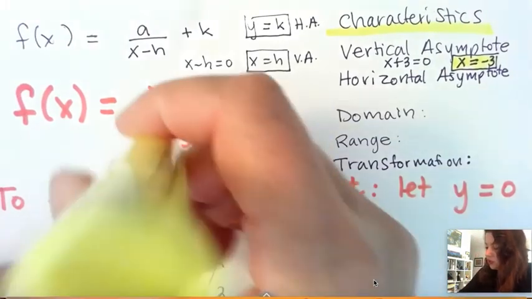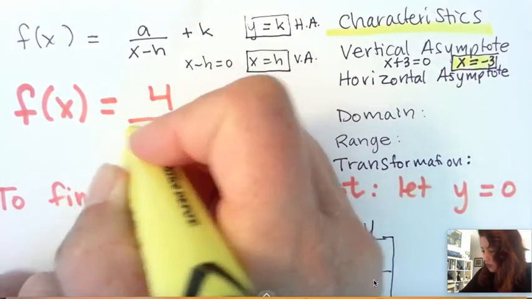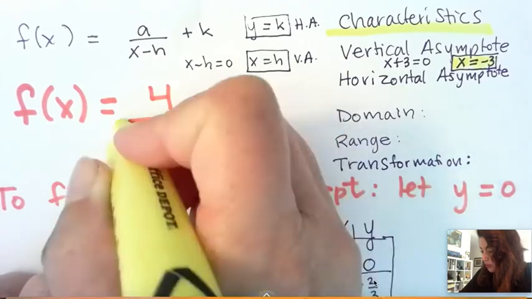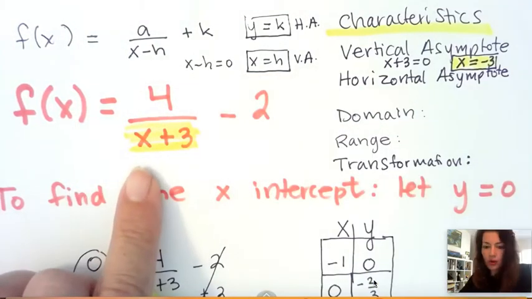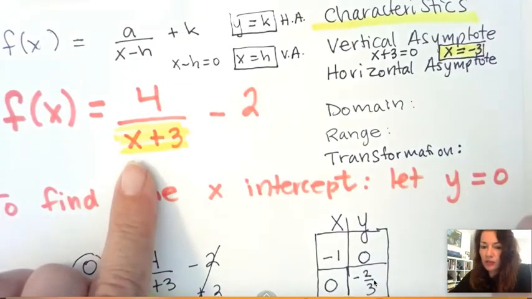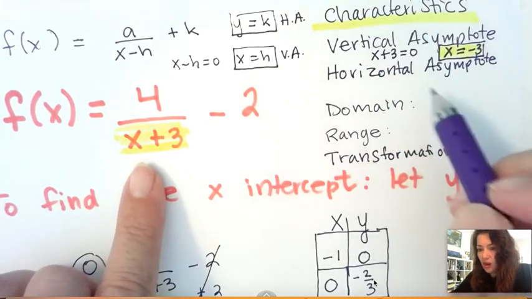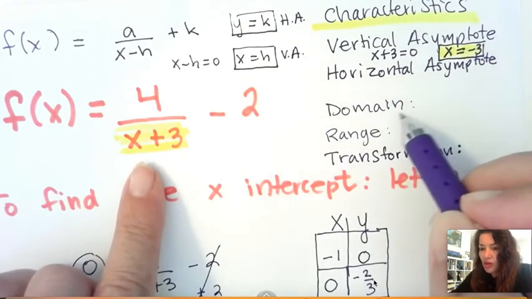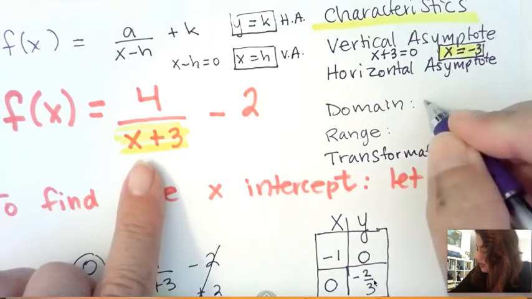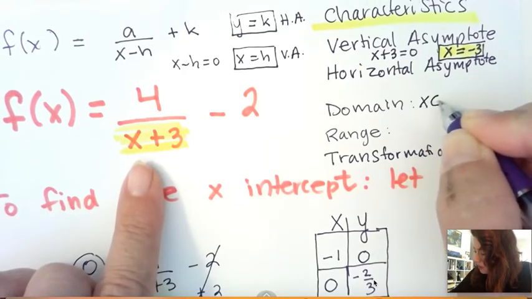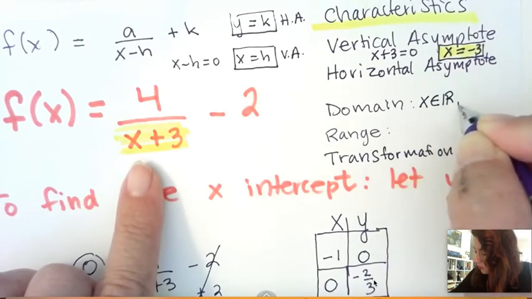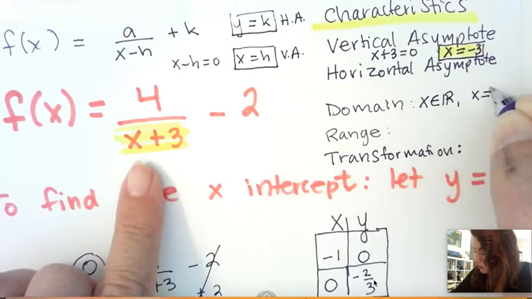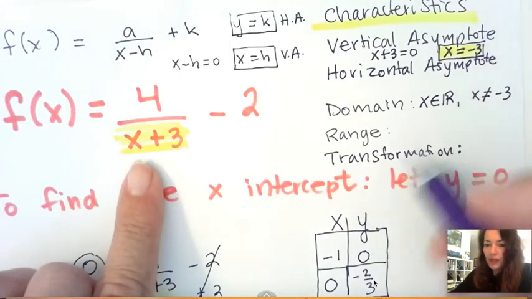If you look at the denominator, x plus 3, there's only one value that would make this whole denominator 0, and that is if x equals -3, which is our vertical asymptote. So our domain, therefore, is x is a set of all real numbers where x cannot equal -3.